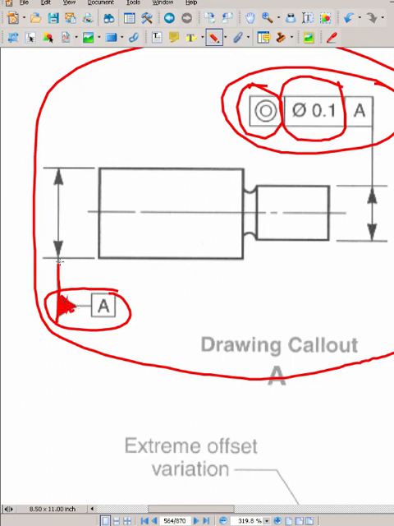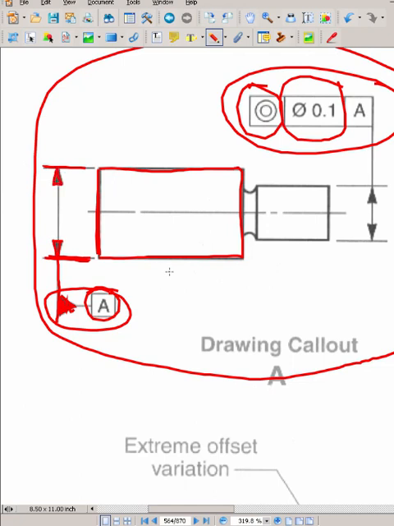Because it attaches to this extension line of this dimension, it means that it is referencing whatever the dimension is referencing. Well, the dimension itself is referencing this overall cylinder. So it says, okay, datum A here is the overall cylinder that this dimension represents.